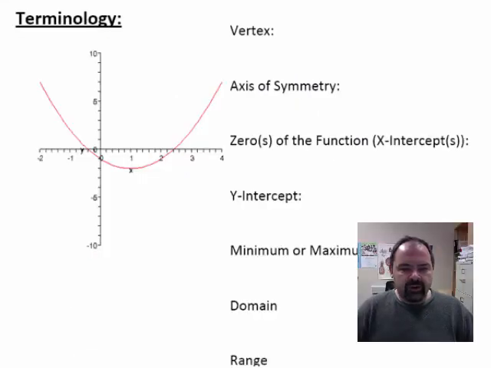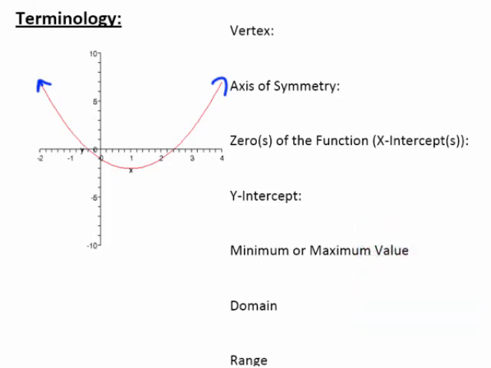Alright, some important terminology related to quadratic functions and parabolas. So I have a graph here. We should always have arrows on the end to show the graph will continue on. The vertex is this point right here. It's the high or the low point on the graph. So in this case, it's at 1, negative 2. That would be the coordinates of the vertex.